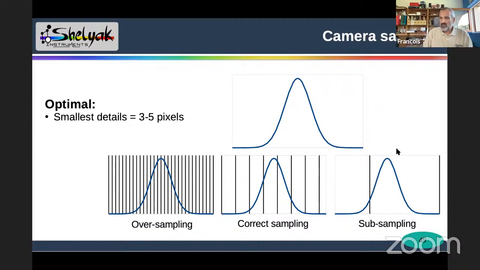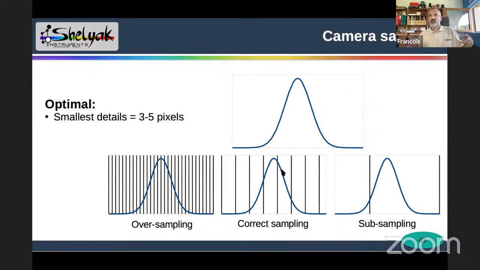So in this case, in fact, you have an optical system that is able to give this precision, and you will lose the precision because of the camera. In this case, this is the camera that will give you the limit of the performance of your system, which is a pity because usually this is the optics that is the more complex. Okay, so the question of sampling is something important.